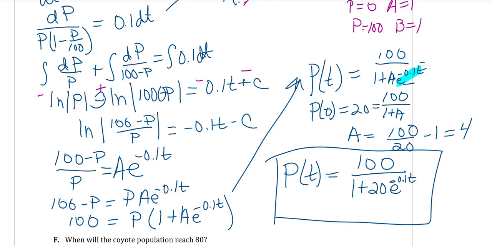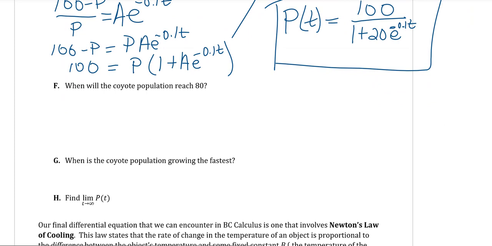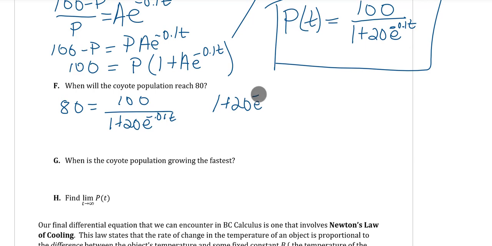All right, so next part. When will the coyote population reach 80? So we just have to use our equation now and solve it for 80. Okay, and so you're going to have 1 plus 20 e to the negative 0.1t is equal to 100 over 80.